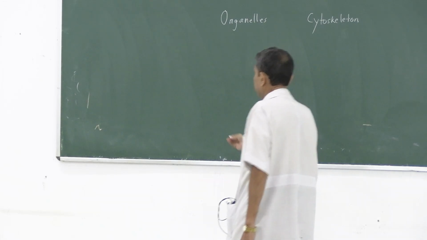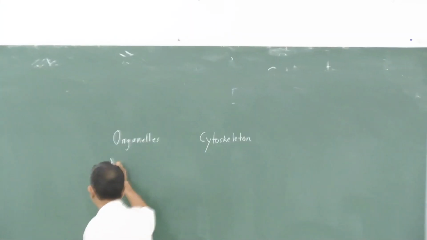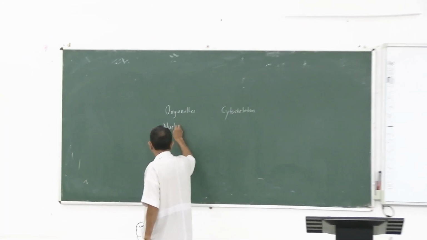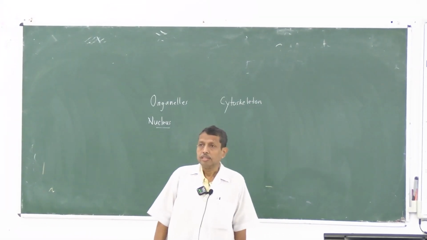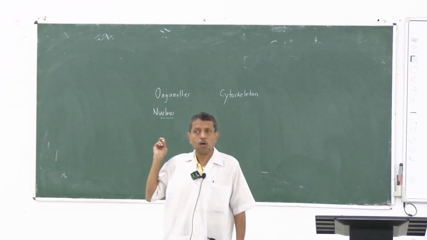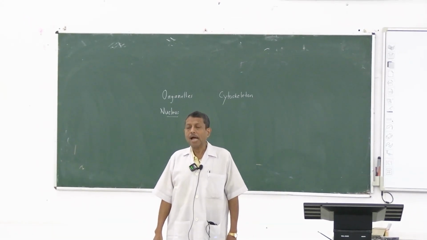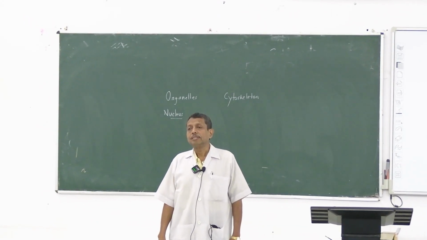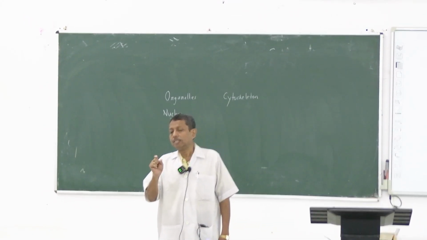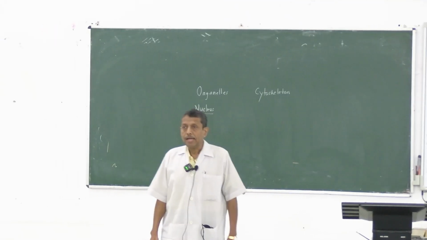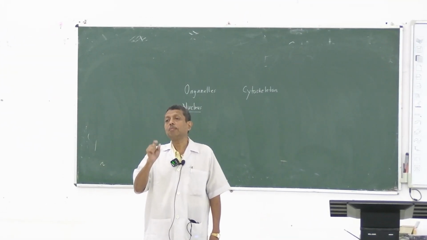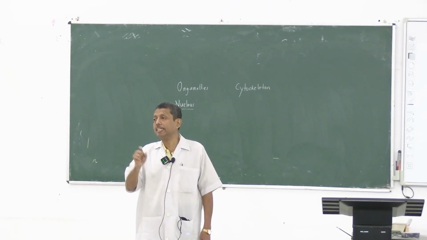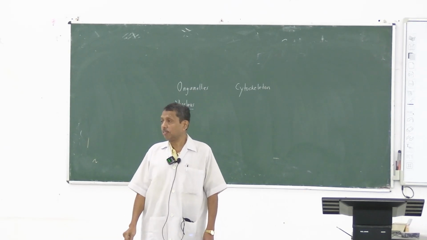Suppose the nucleus. It is present in almost all the cells, and the nucleus contains the chromosomes, and the chromosomes are the site of determination of the species and individual characteristics.